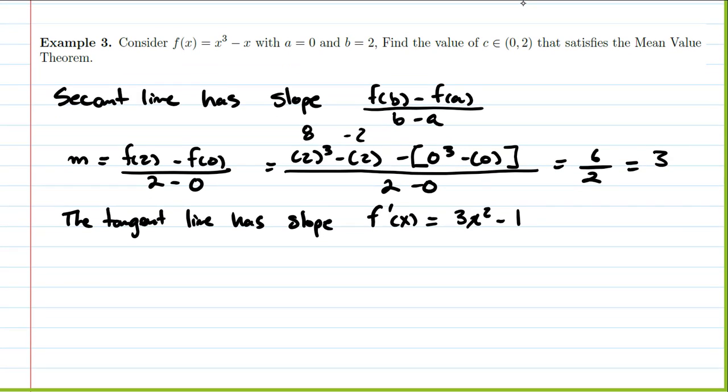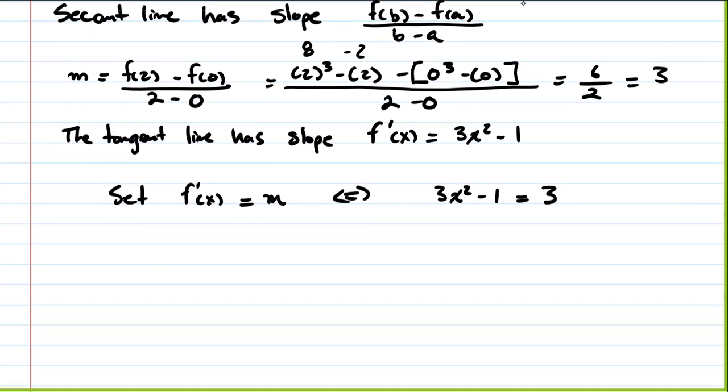So to find this point, we're going to set f prime of x equal to the slope that we found of the secant line. So in other words, 3x squared minus 1 is equal to 3. So we add 1, we add 1.